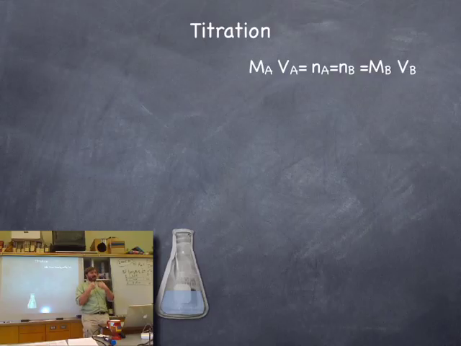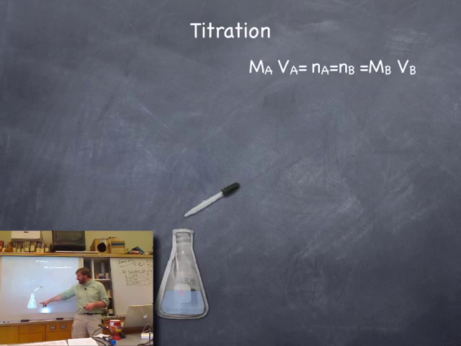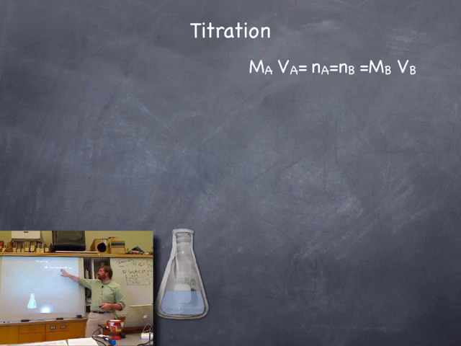So we're looking for an indicator that will change color when we're at a pH that is at this equivalence point. And we're going to talk about how we can find that in a few minutes. But the basic procedure is we add the indicator into the solution. It will change color when we have hit this equivalence point.